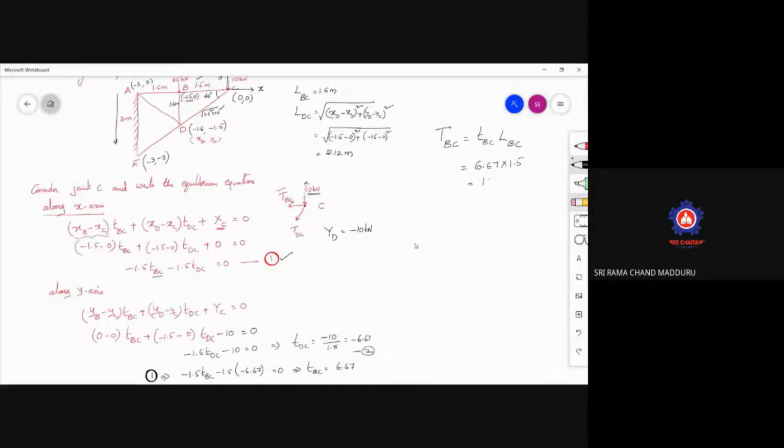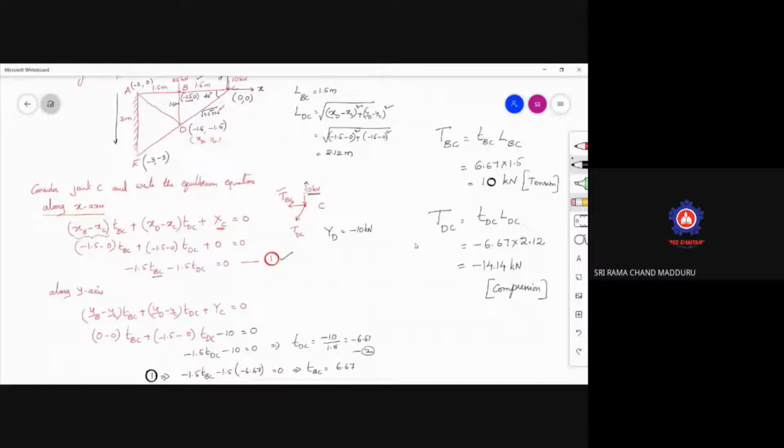We get 10 kilonewtons, which is tension. Similarly, TDC into LDC is minus 6.67 into 2.12, which is minus 14.14 kilonewtons. This value is negative, hence it indicates a compression force.